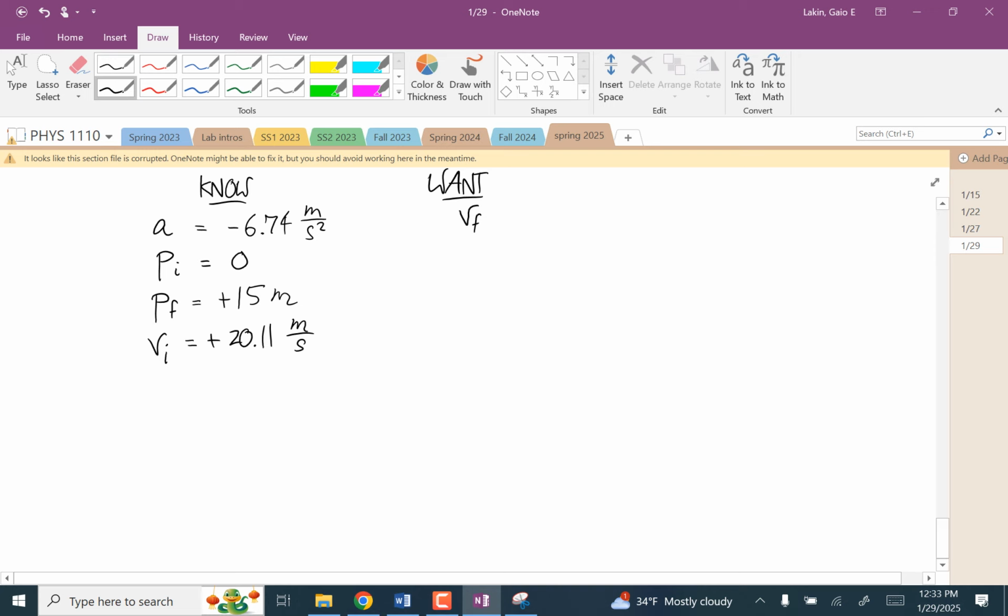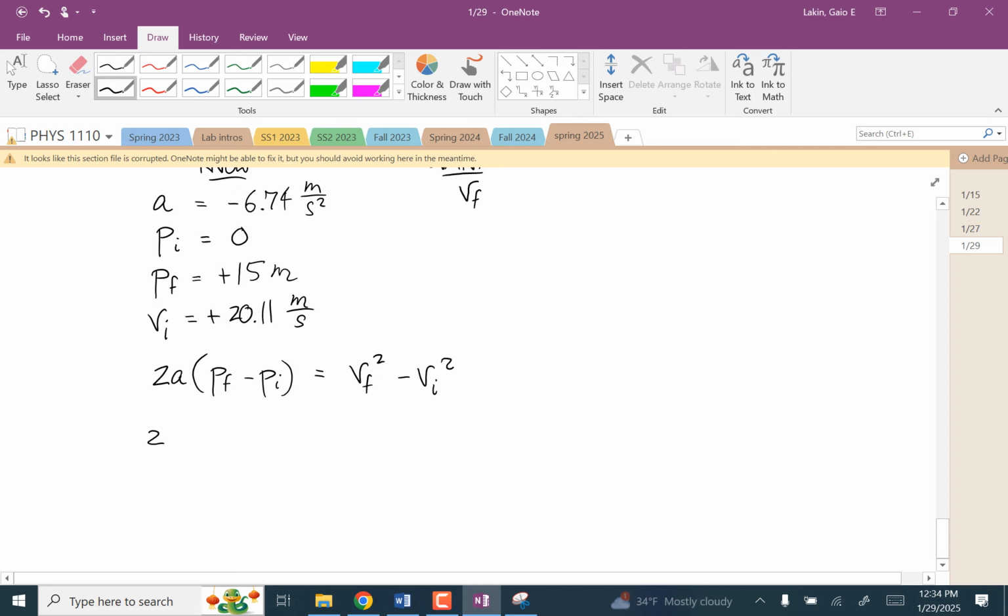There's no time here, so the only equation that could work is the one that doesn't have time in it. So 2 times A times the quantity PF minus PI is equal to VF squared minus VI squared. It has VF in it. PF, PI, and VI are all known, so this will work.